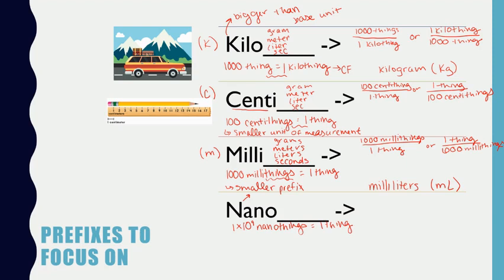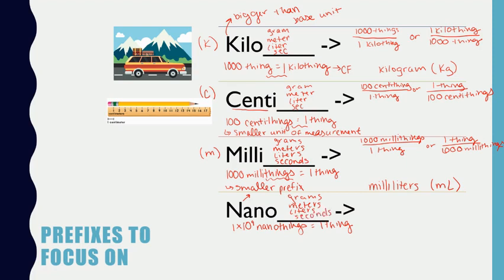So we would need 1 times 10 to the 9th nanograms to equal 1 gram, or 1 times 10 to the 9th nanometers to equal 1 meter. Same thing if we're measuring in liters or in seconds.